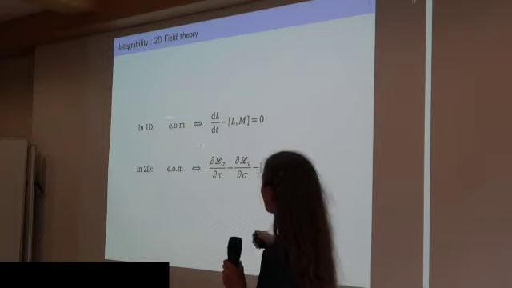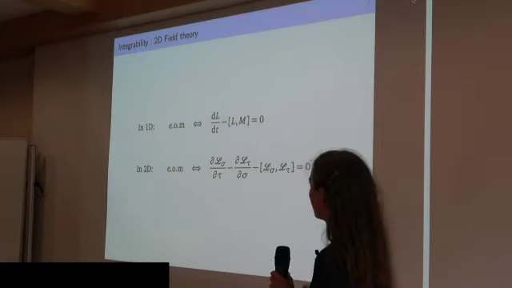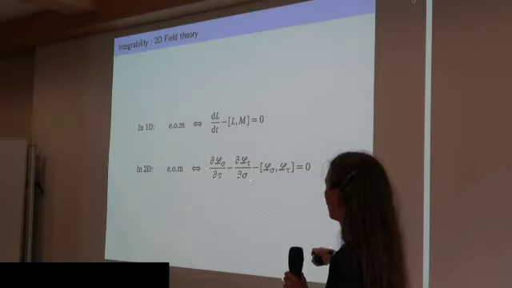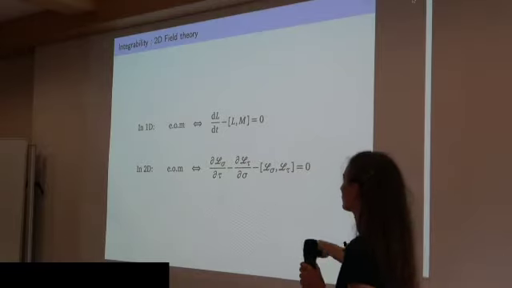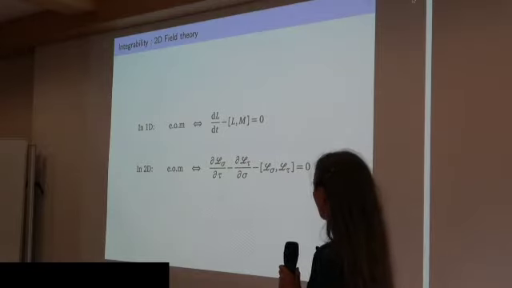So here it is one-dimensional because you only have time, and here it is two-dimensional because you have time and some other, or just two variables.